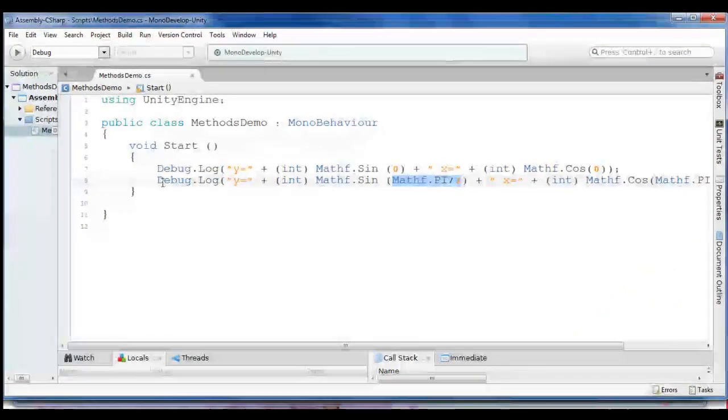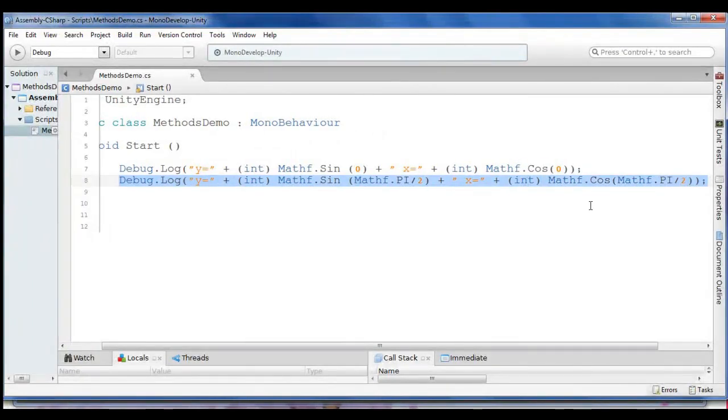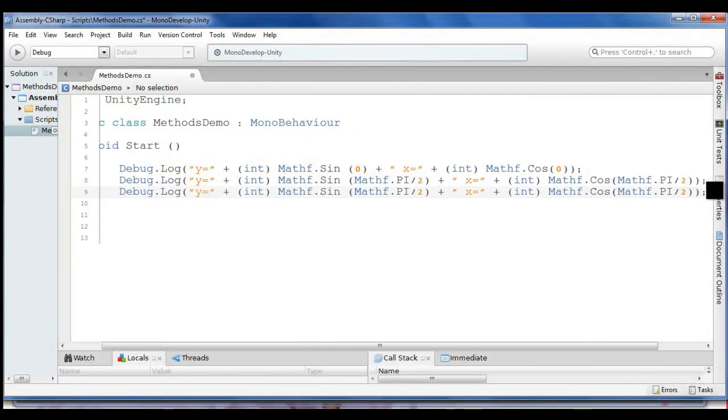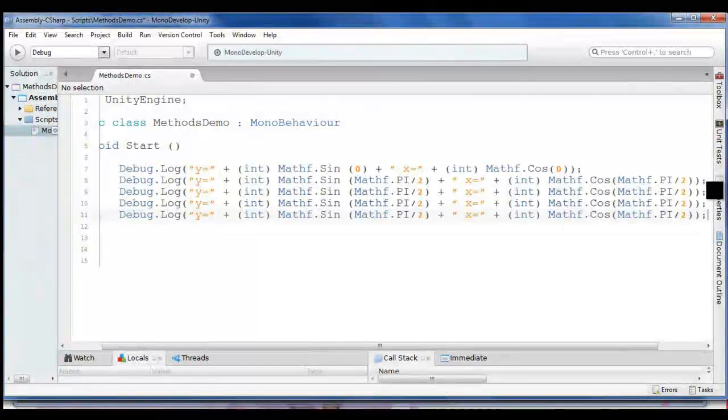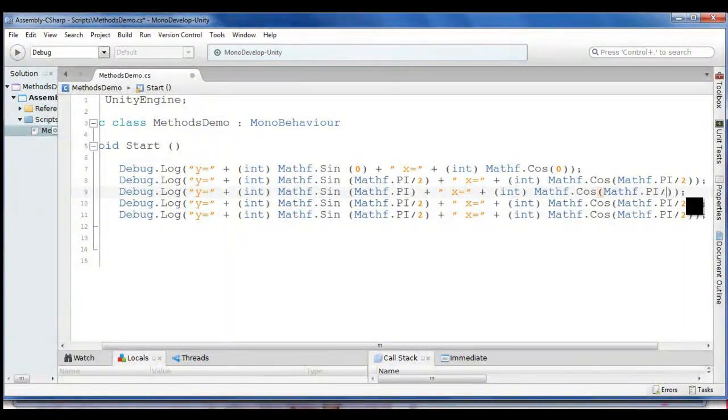Similarly, we can find for other values. Copy and paste, paste and paste. So the next value we are going to give here is pi, and the next value is 3 pi by 2, that is 3 multiplied by pi by 2, and the next value is 2 pi.